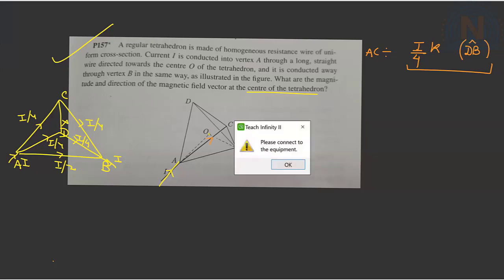I think all of us understand that property. If I hold this AC at the center and I want to write the field at the center of the tetrahedron, I will have a plane in which one edge is AC, and the second face is the face connecting AC with O. Here it is kind of difficult, but you understand that plane.